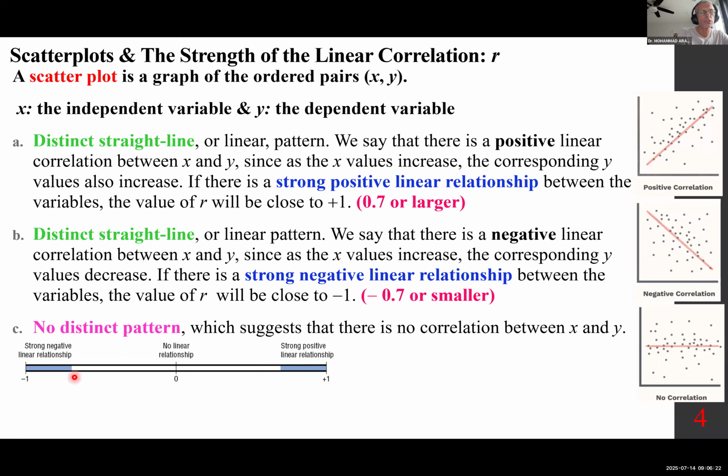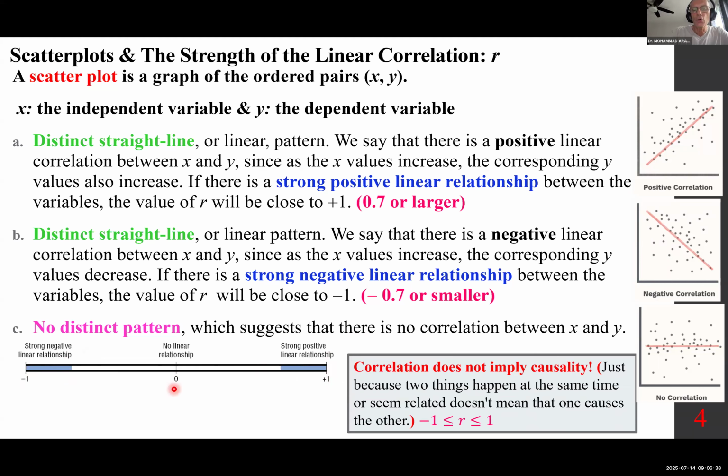From -0.7 to -1, strong negative linear relationship. In between, no correlation, especially the closer it gets to the value of 0.